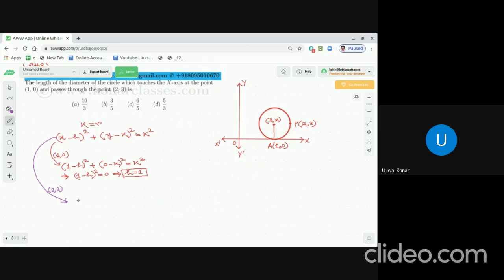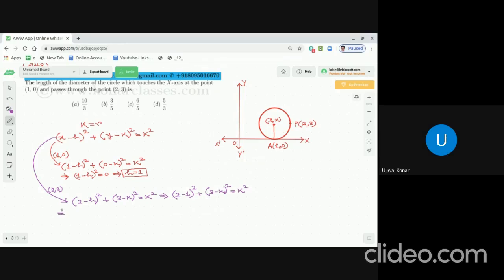So we are going to get (2 minus h) whole square plus (3 minus k) whole square is equal to k square. The value of h here is 1. So from here we can say that (2 minus 1), that is 1 actually, whole square, plus (3 minus k) whole square is equal to k square.